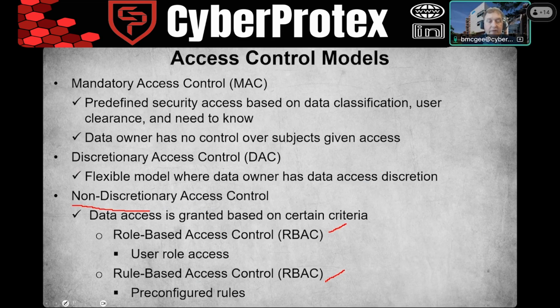So let's take a look at those very quickly here, and see what we can come up with. Discretionary access control allows you, the data owner, to dictate which users or subjects can have access to the files and resources that either you own or they own.